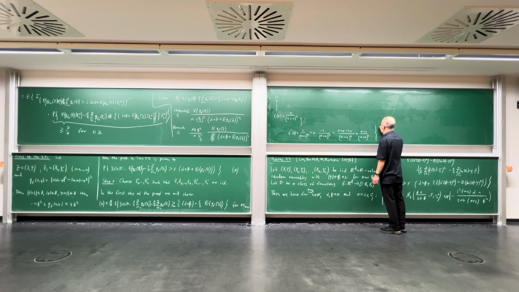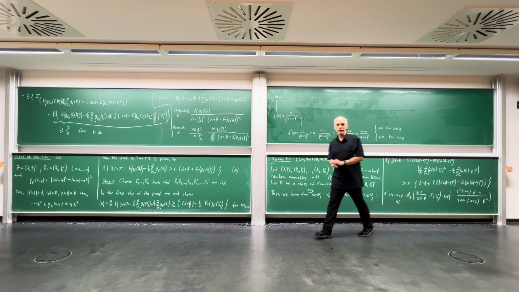And then you see this whole thing is either greater than 0 or less than 0. It's greater than 0 for x less than a, and less than 0 for x greater than a.